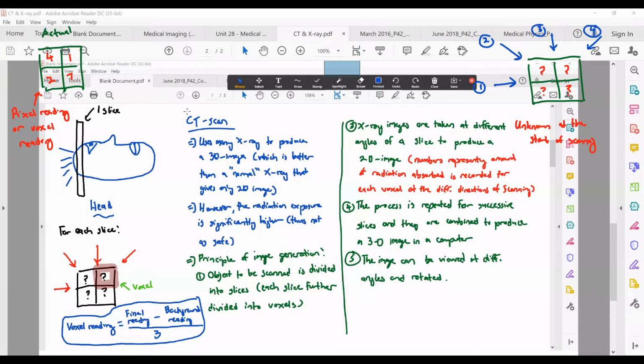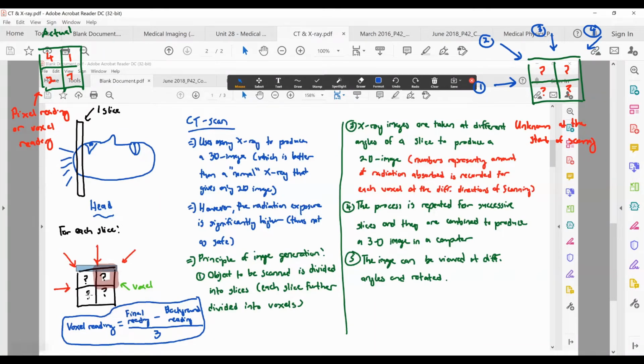Okay. Let's go to the last part of your CT scanning. Alright, so for CT scanning just now, as I mentioned, you want to build up an image of the structure in 3D, you need to start by scanning a slice. And then when you start by scanning a slice, you will actually divide it into smaller sections called voxels. If this one was the slice viewed from here, this is how it looks like.